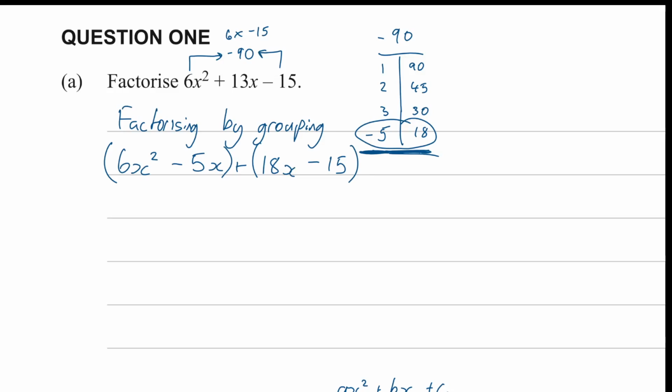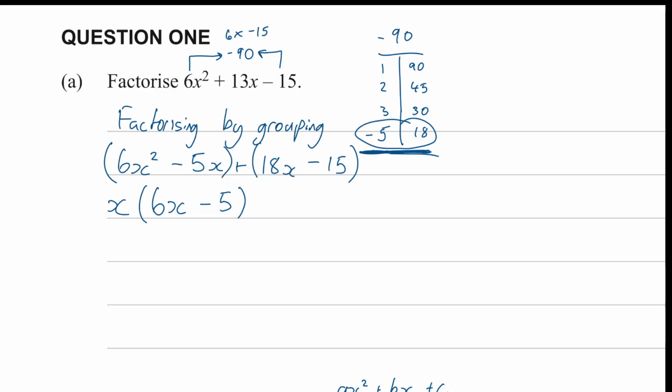But between x squared and x, it would be x. So we pull out the factor of x, and what are we left with? We're left with 6x, because x times 6x is 6x squared, and we're left with minus 5, because x times minus 5 is minus 5x.